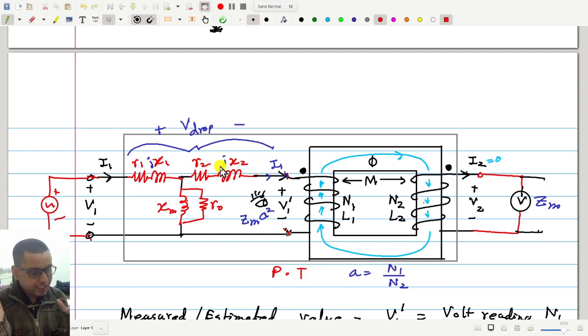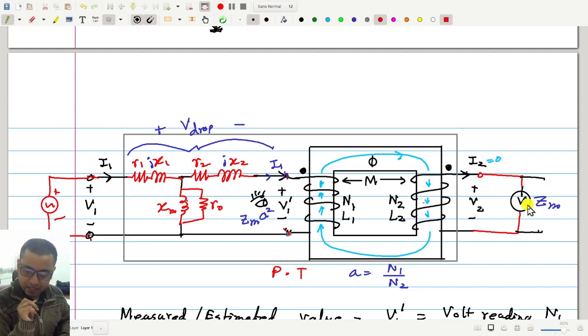Therefore, while using a PT together with a meter, normally we have to choose a meter with a designated power factor angle, otherwise errors will be more. Sometimes lots of charts and graphs are given for different values of impedance of the meter, showing how much the error is. Graphs and charts come with the PT. Also, while using a meter, we should use a particular power factor meter to get minimum error.